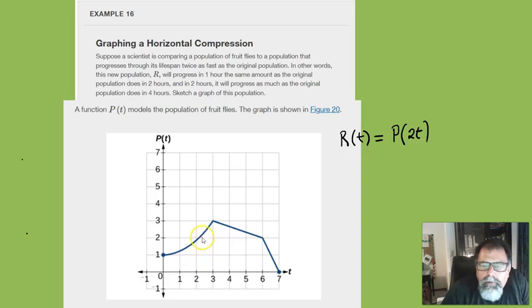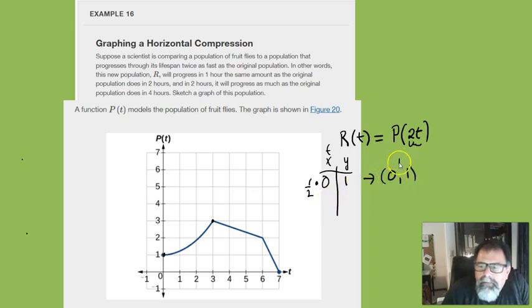Okay, so what we're doing is we're going to take each coordinate, so we have 0, I'm going to just write xy, 0, 1, and we're multiplying the, I guess I should have wrote t. We're taking the t value and multiplying it by 1/2, right? We're dividing by 2. So that's going to get us 0, 1.